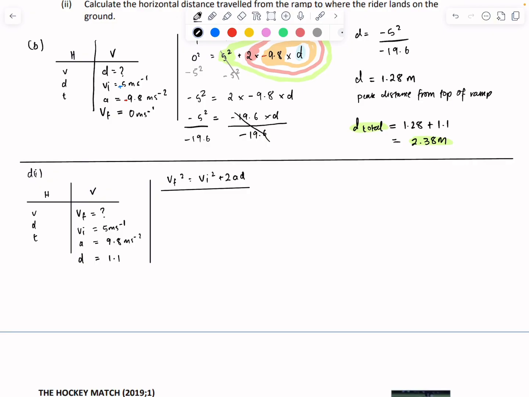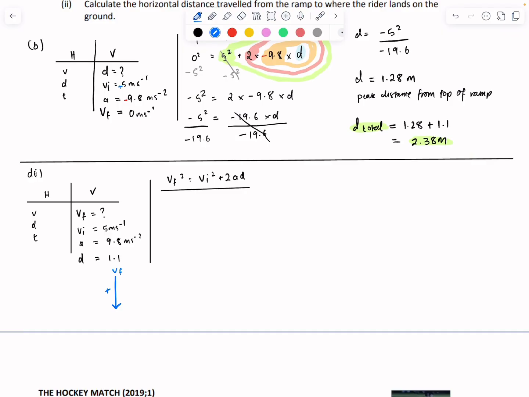And before I move on, remember we have to define what our positive and negative vectors are. So VF is what we're concerned with, okay? VF is going down, so I am going to make that a positive value.